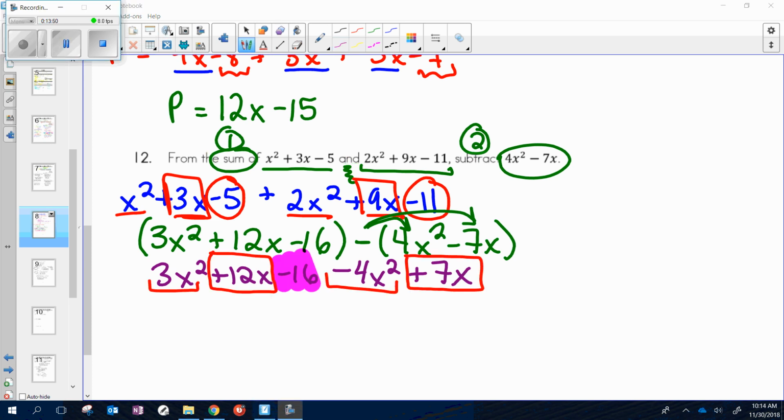After distributing, we're going to combine our like terms. So I'm combining a 3x squared minus a 4x squared, which leaves me with a negative x squared. I have a plus 12x plus 7x, which gives me a plus 19x. And I only have one constant, which is this minus 16, which stays the same. So this would be my answer to this question.